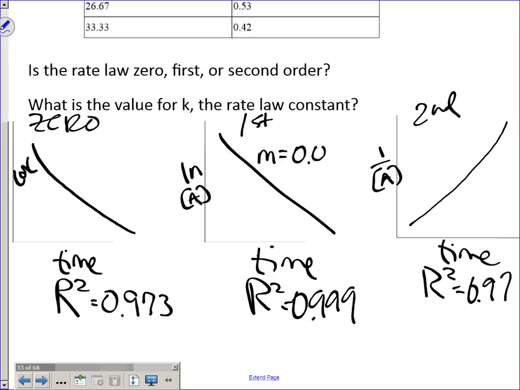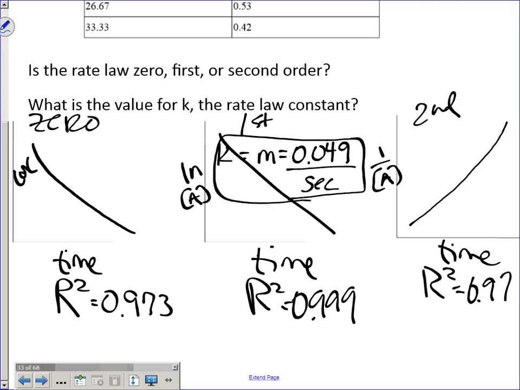0.049, units. Because remember, this is K, right? Per seconds. How is K just seconds? Well, because it is in terms of time, but what's the rate law for a first order reaction?